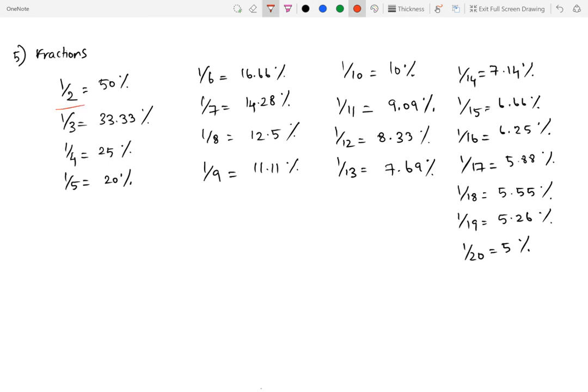Half, 1 by 3, 1 by 4, 1 by 5 till 1 by 9 is compulsory. But if you have some time before the starting of the competitive exam, then you can write till 20. The last 7 or 8 will be quite difficult, but if you have some practice at home, then it will be very easy for you, so that you can complete everything within 10 seconds.